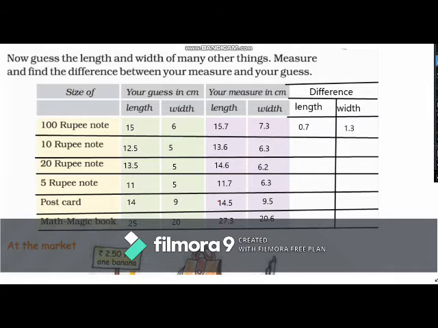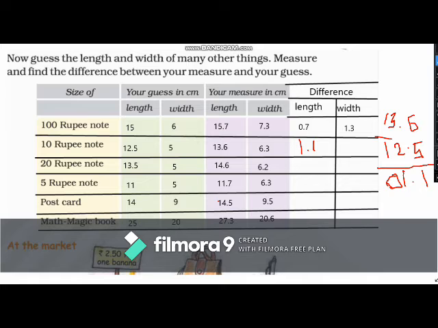So 13.6 minus 12.5. 6 minus 5 is 1, 3 minus 2 is 1 and 1 minus 1 is 0. And here the decimal point. So 1.1. The difference of length is 1.1 centimeter.